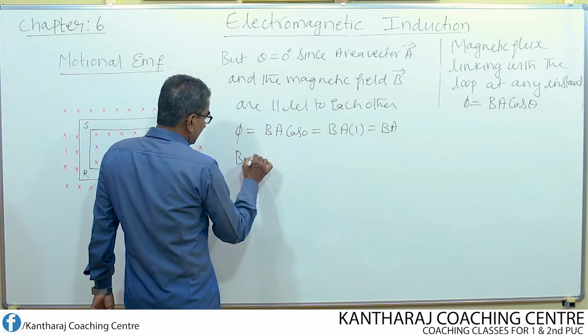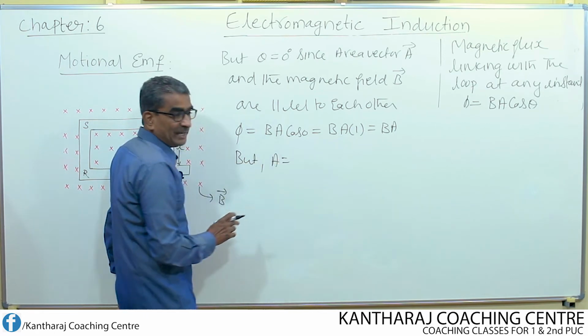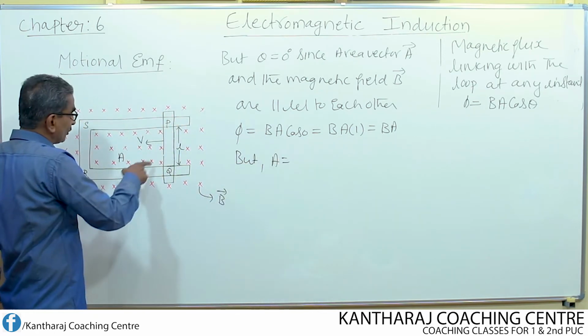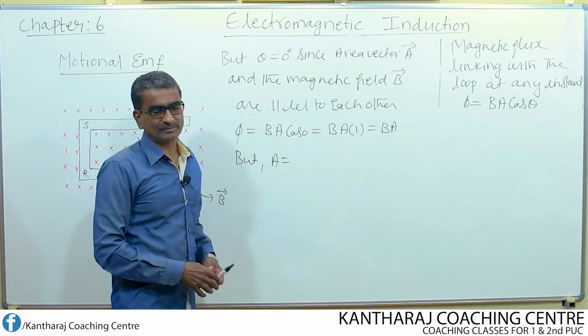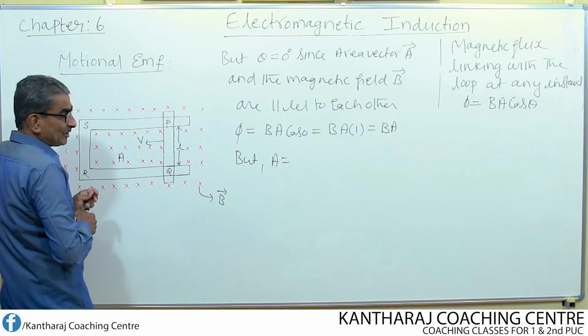But how do you find the area of the loop? It is a rectangular loop. Therefore, area of rectangle means length into breadth. What is the length you have to consider?